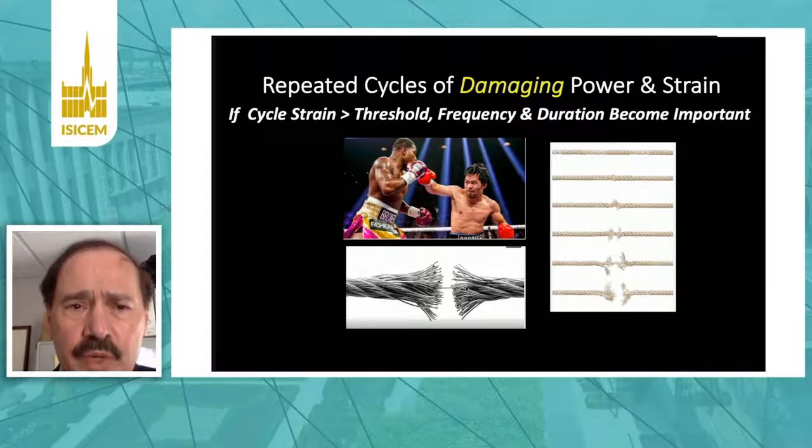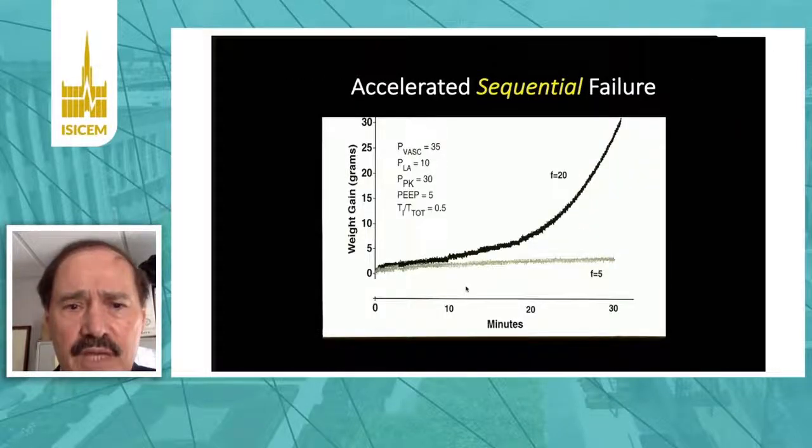If the cycle strain, which we've talked about before, is greater than the threshold, the frequency and duration of their application per cycle become important. And you can see that in the laboratory as we compare a lung experiencing high tidal airway stresses at a slow frequency and a faster frequency.